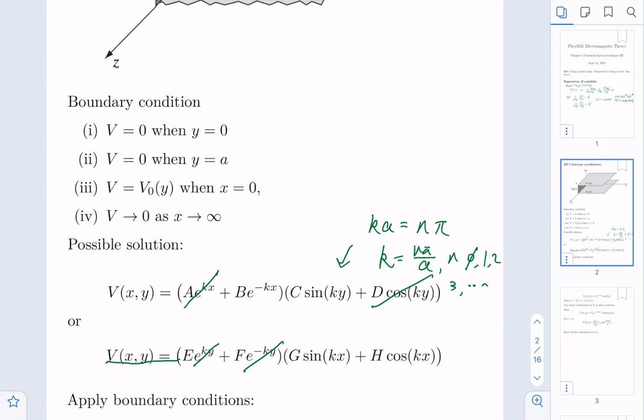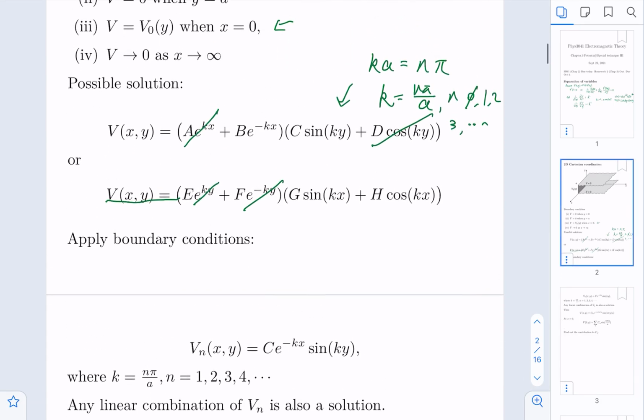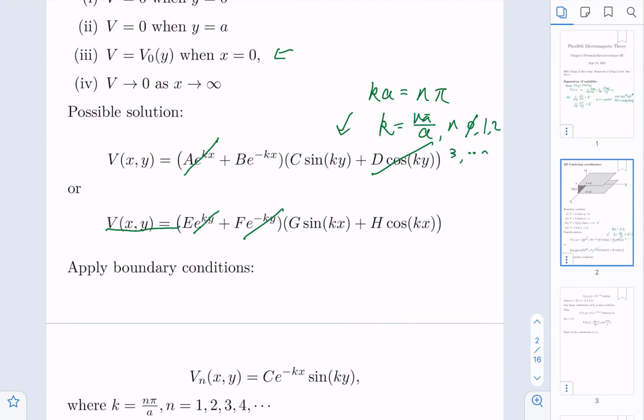The only boundary condition left over is the third one. If we absorb b and c, two constants, into a single one, then V of x, y should be written as this constant times the exponentially decaying function in the x direction and the sinusoidal sine in the y direction. Remember that k only takes certain values.